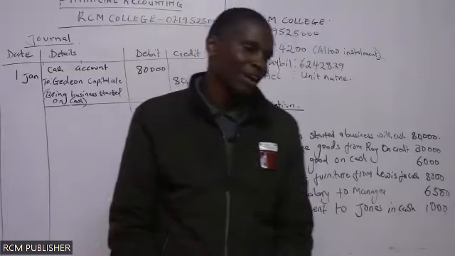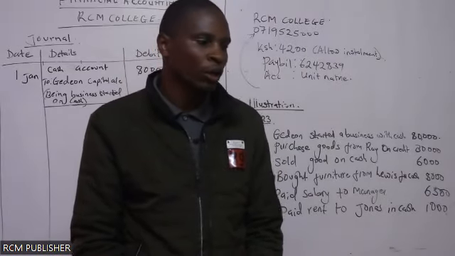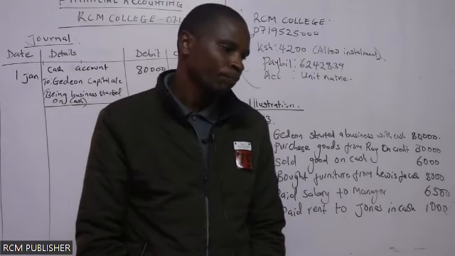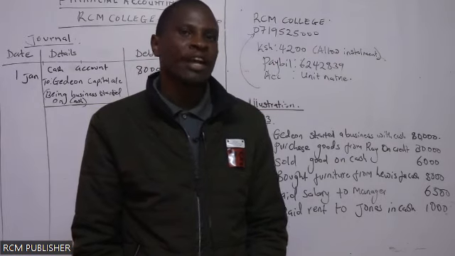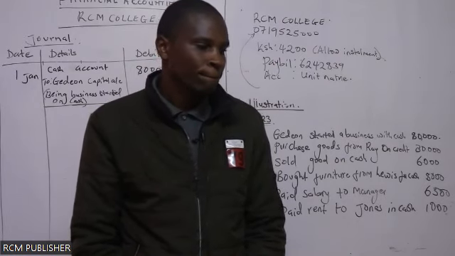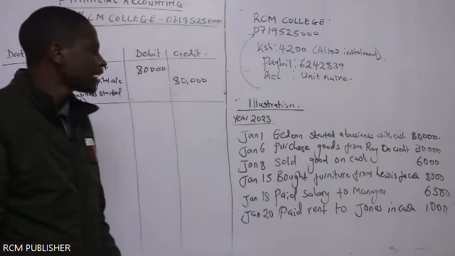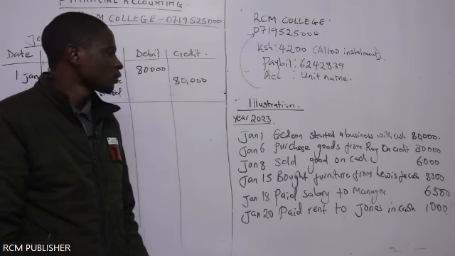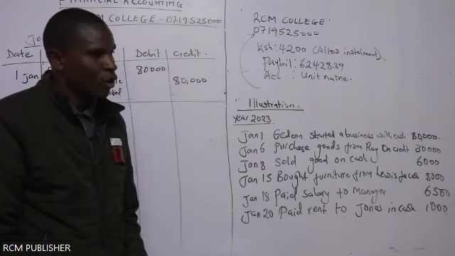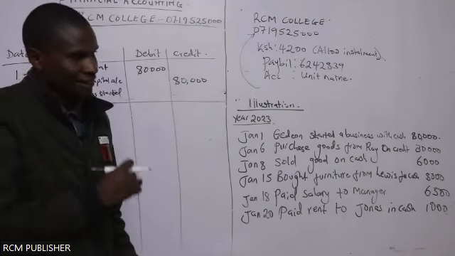Now this one class you can give me. I know you people, you are bright. I know you are able to give me the next transaction. You see, we are told that on January 6th, this person purchased goods from Lay on credit.